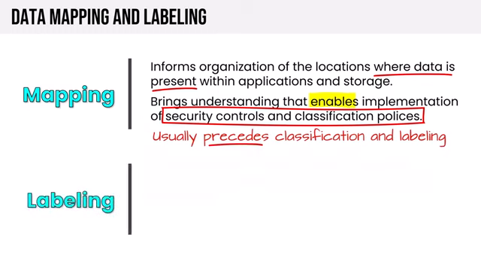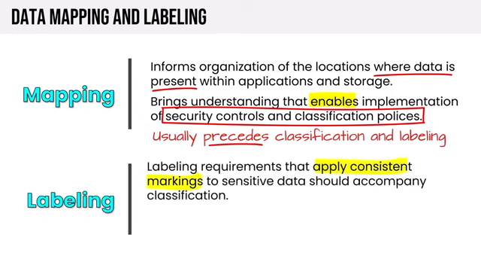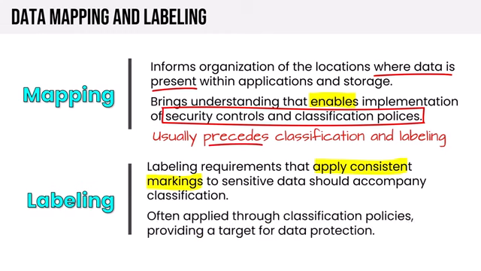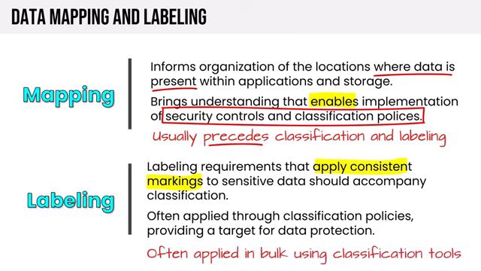Labeling goes hand in hand with the mapping process, and labeling requirements that apply consistent markings to sensitive data should accompany classification. It's often applied through classification policies in DLP tools, providing a target for data protection. It's often applied in bulk using classification tools, but we discover our data, we map our data, we label our data, we classify our data, and then we protect our data.